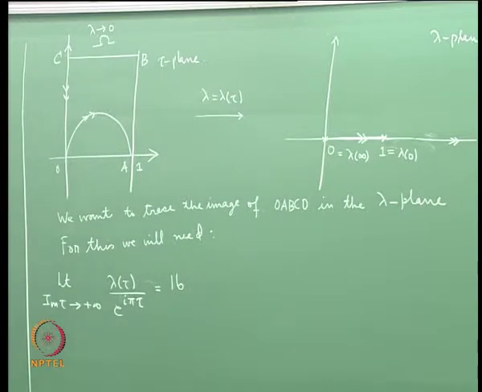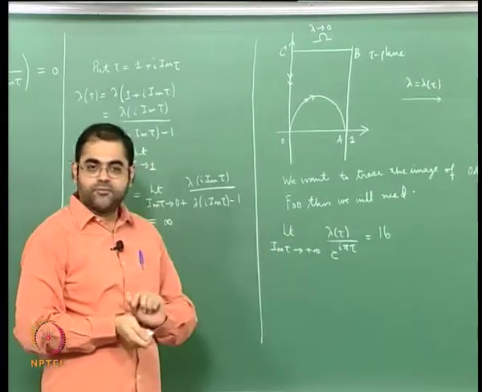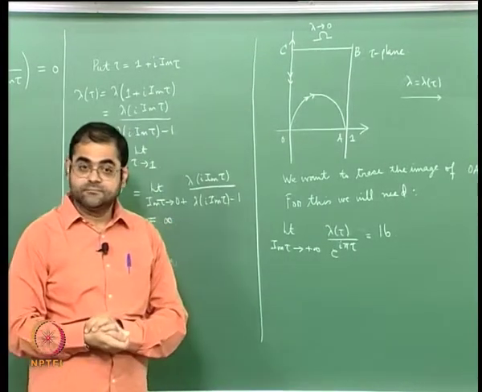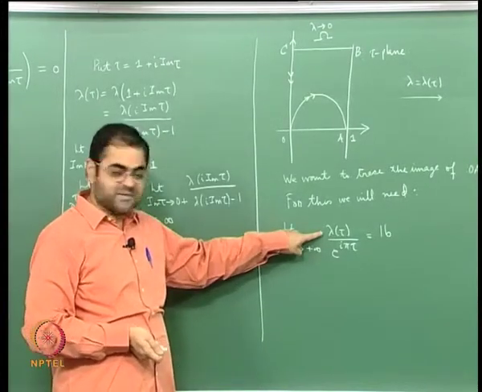So the point is the following: as the imaginary part of tau tends to plus infinity, one knows that lambda of tau tends to 0.